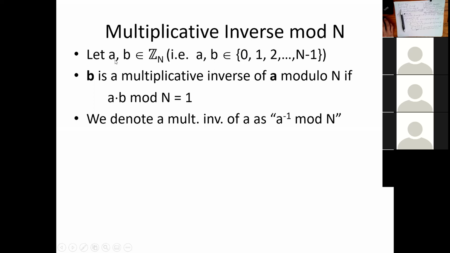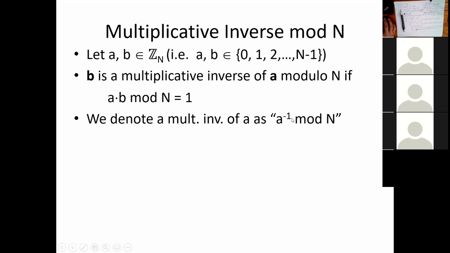I will call integer b in this range a multiplicative inverse of a in this range mod n if the following is true: the two integers multiplied give a 1, but the multiplication is mod n. If that is true, then I will denote b as a to the power -1, because it's 1 over a. So this is a multiplicative inverse.